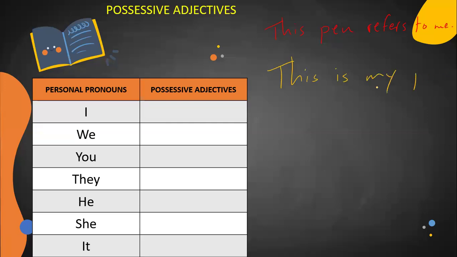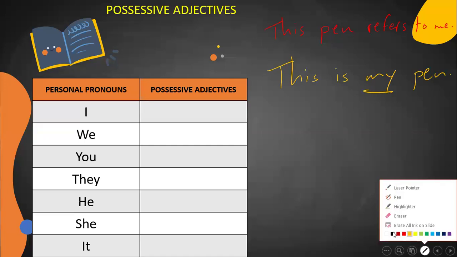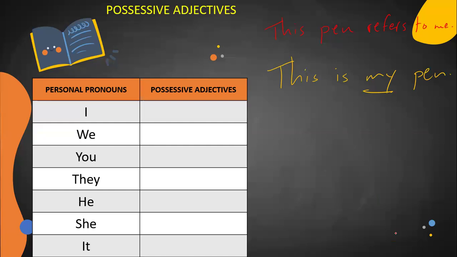My is a possessive adjective. So what are the possessive adjectives in English? My, our, your, their, his, her, and its.